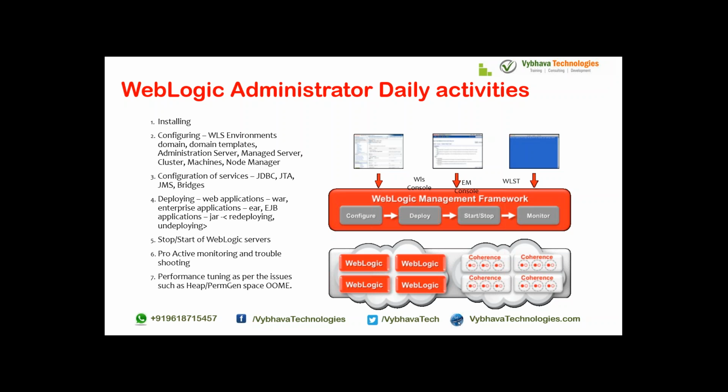It may be a web container, or a business logic container, that is the EJB container. So if it has some persistent objects, then we need to restart the servers: stop the servers and start the servers. So these are the common repeated tasks: deployment, and starting and stopping the servers.